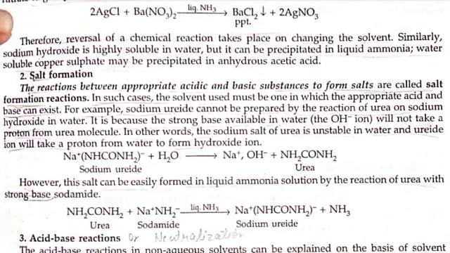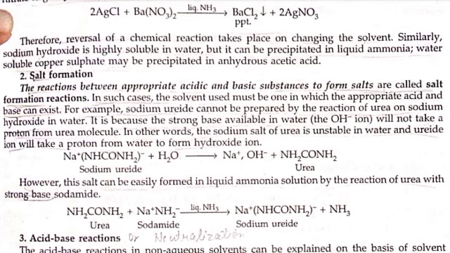Salt formation. The reactions between appropriate acidic and basic substances to form salts are called salt formation reactions. In such cases, the solvent used must be one in which the appropriate acids and base can exist. For example, sodium ureide cannot be prepared by the reaction of urea with sodium hydroxide in water.